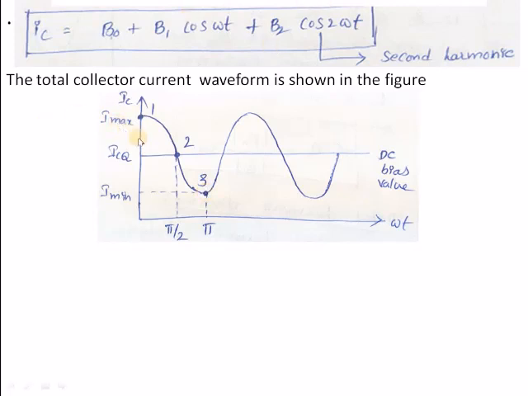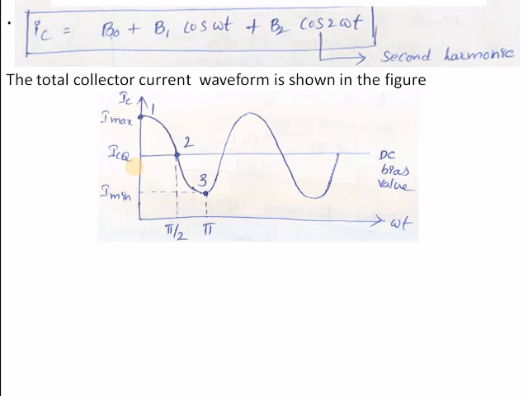In this waveform, at 0 we are getting the maximum current, that is I maximum, and at pi, 180 degrees, we are getting the minimum current, and this IC current is fluctuating on the DC point, the DC biasing current.